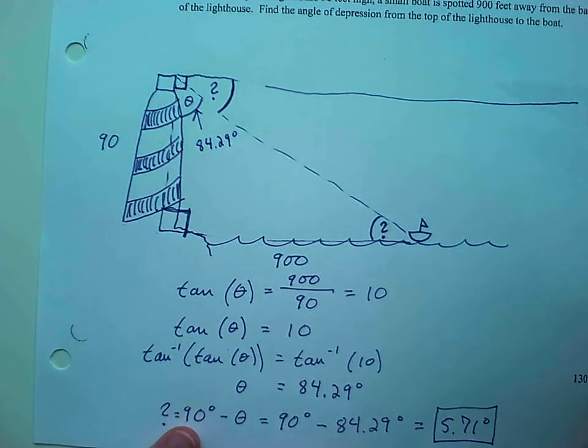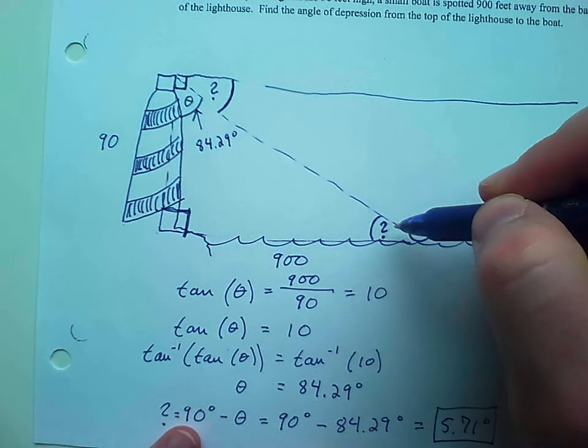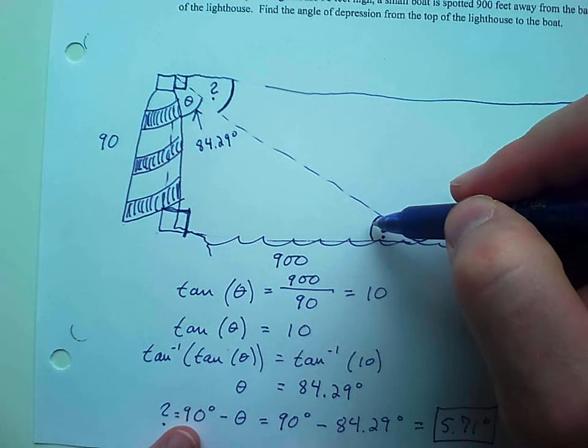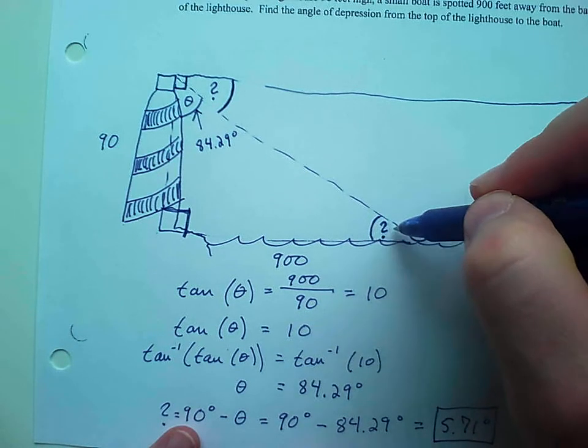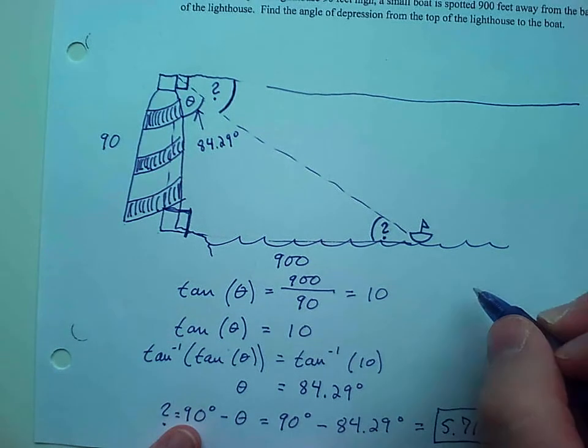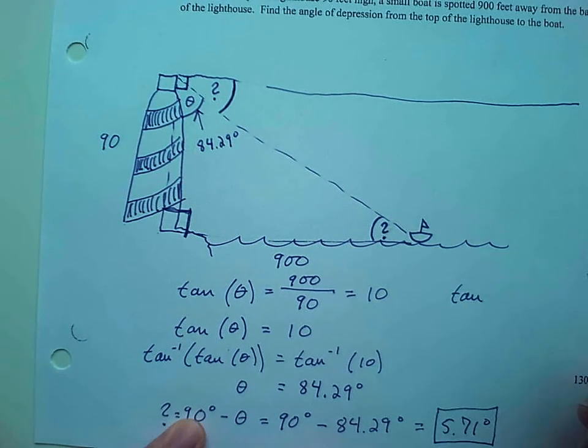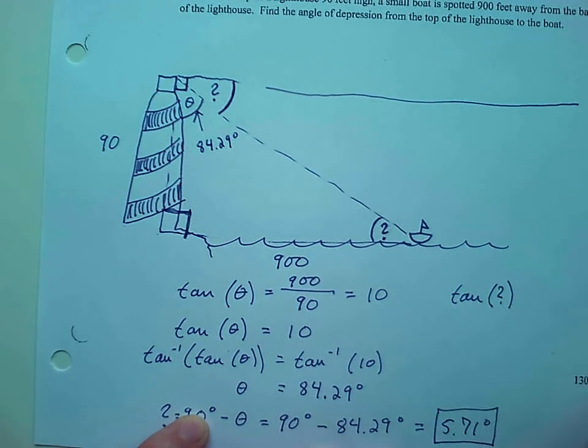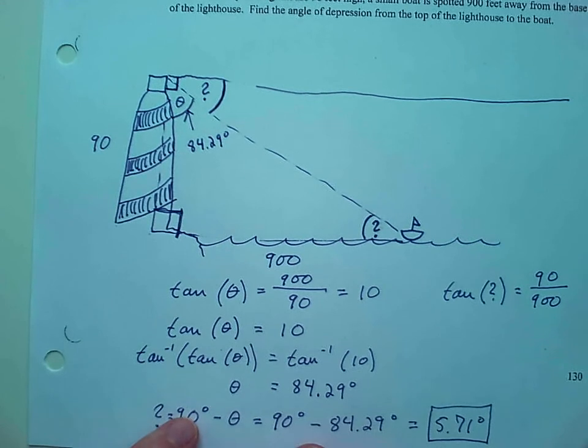Again, there's a couple of different ways that you can go about this. You could have just as easily used this initial one right here, and said that the tangent of question mark is equal to 90 divided by 900.